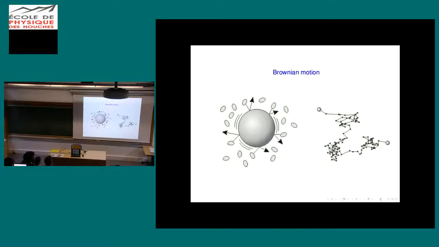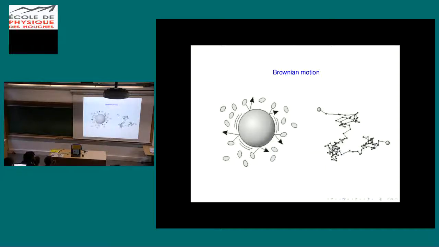And then he thought, well, this is because the pollen is alive. He took some stone, made some powder out of stone, and did the same experiment. And still this powder was moving around, performing what is now called Brownian motion.